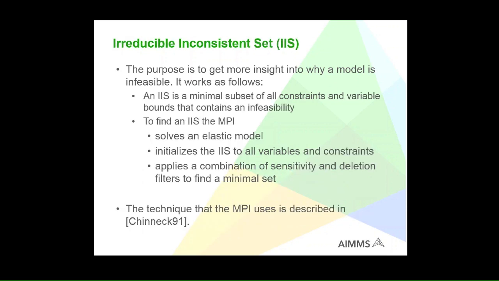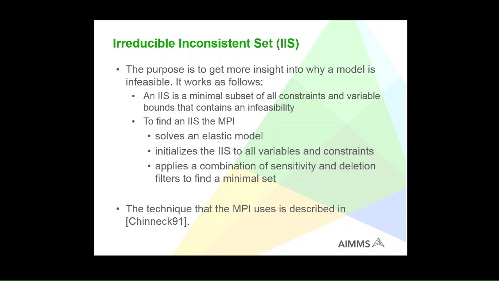The second one is to calculate an IIS, and an IIS is basically a minimal subset of constraints and variable bounds that contains an infeasibility. The way the MET program inspector calculates the IIS is that it starts the same way as the previous model.